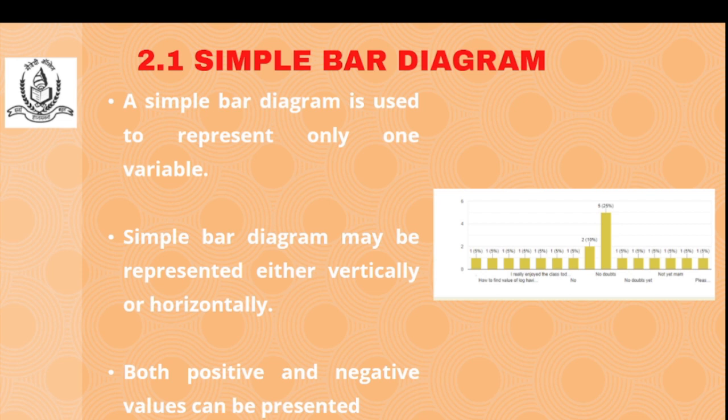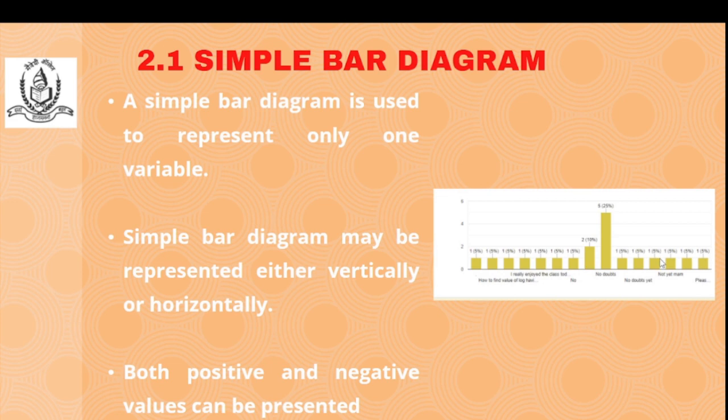How? In case the simple bar diagram is drawn in a vertical manner, the positive values are represented on the upper side of the horizontal axis, while negative values are represented by drawing the bars below the horizontal axis.